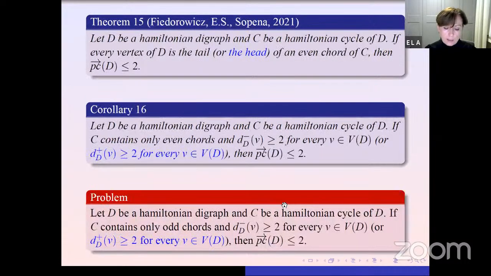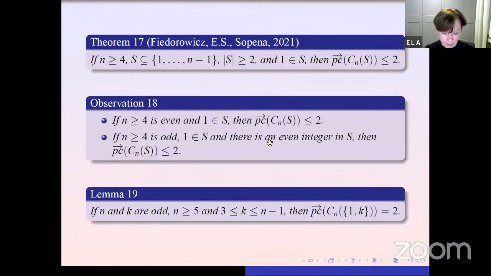I recall the slide we showed before; the result follows from this theorem, because then every vertex is a tail of an even chord, because the chords are even, and from each vertex we start with one chord. So to finish the proof of this theorem, it is enough to prove the case when n is odd.